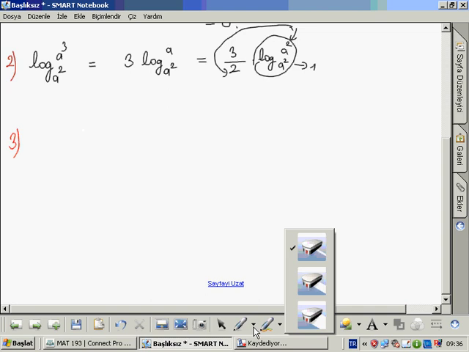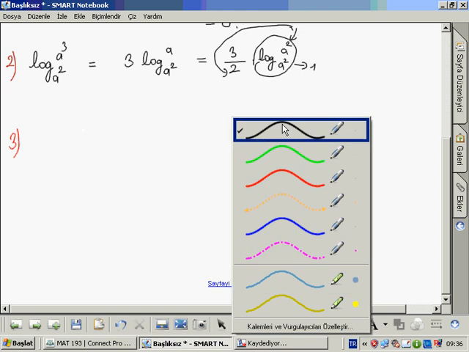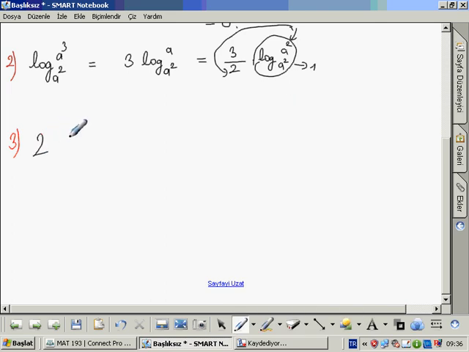Firstly, I must tell another identity, and after that I must solve this. So let me choose another example, which is 2 times the logarithm of 12 to the base 3 minus 4 times the logarithm of 6 to the base 3.